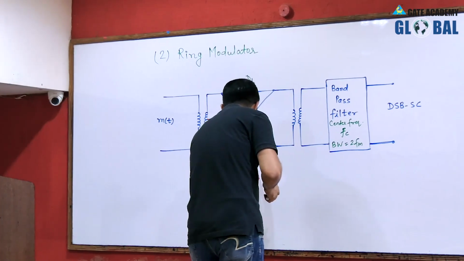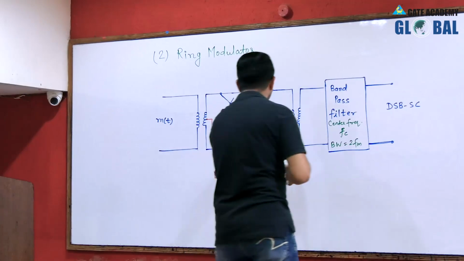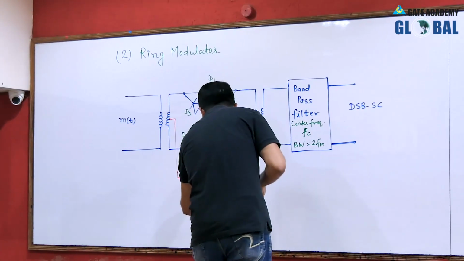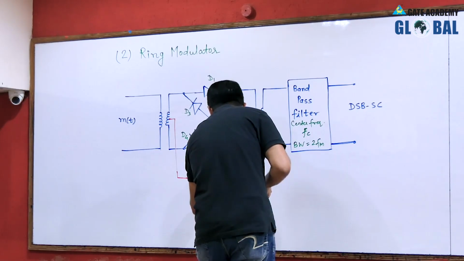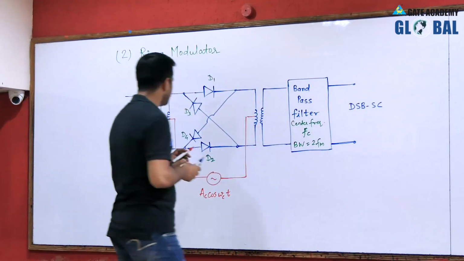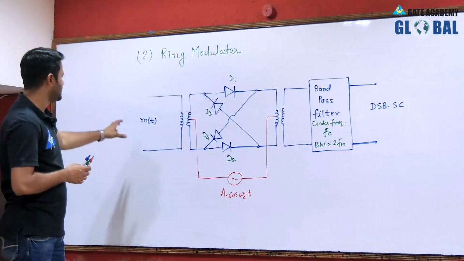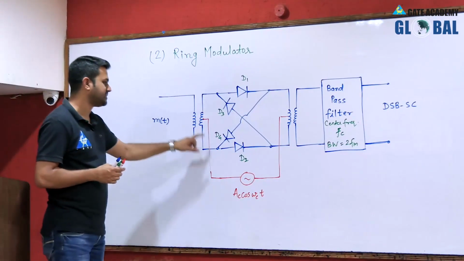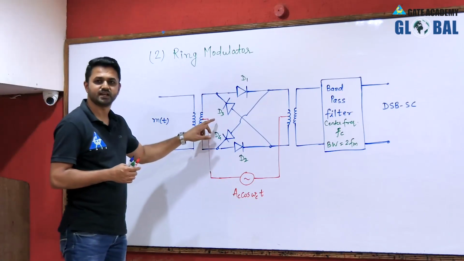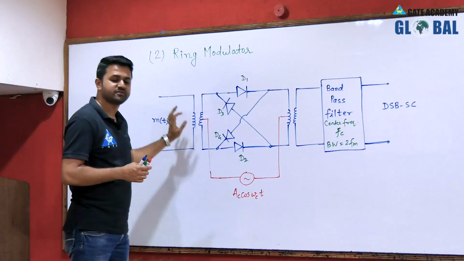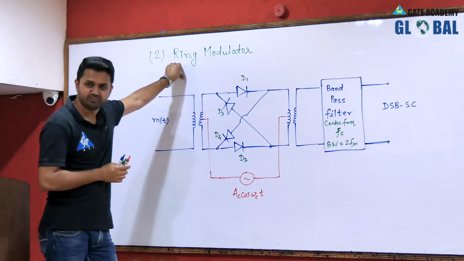So here we have applied the carrier signal via this center tapping, and this carrier signal is A C cos omega C t. This is our carrier signal. Now as you can see in this diagram, the message signal and carrier signal are applied. The carrier signal is applied via the center tapping of the transformer, and there are 4 diodes, D1, D2, D3, D4, connected in the form of a bridge.